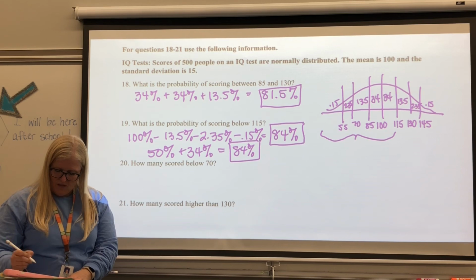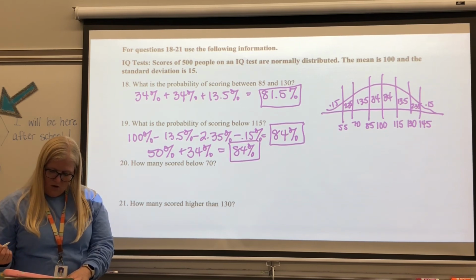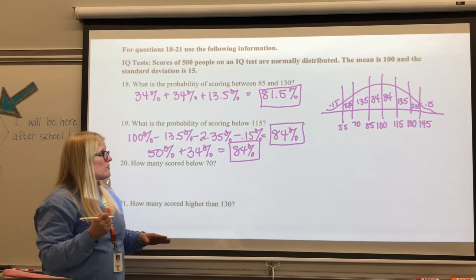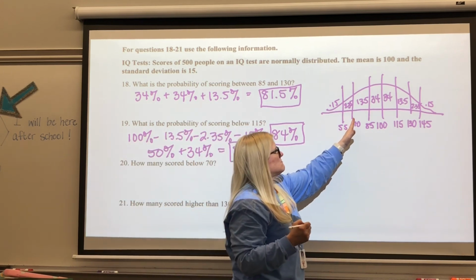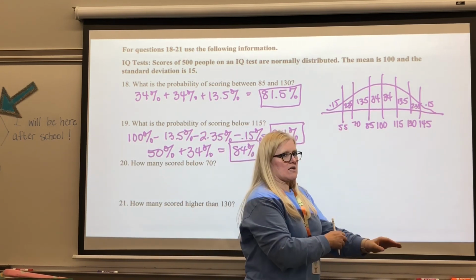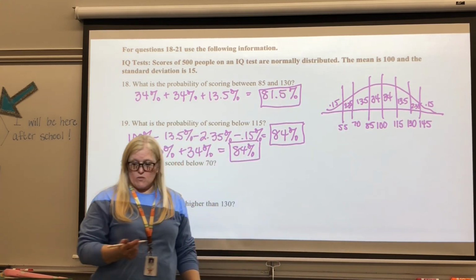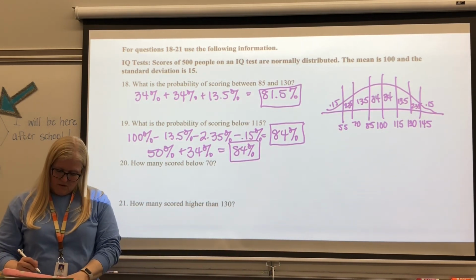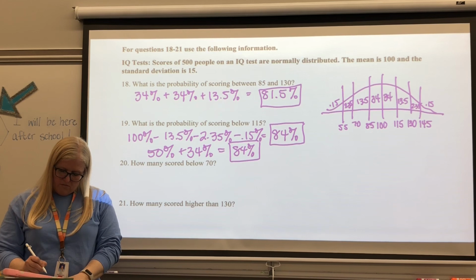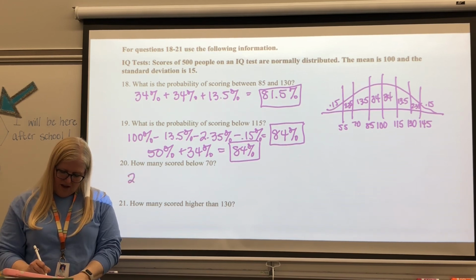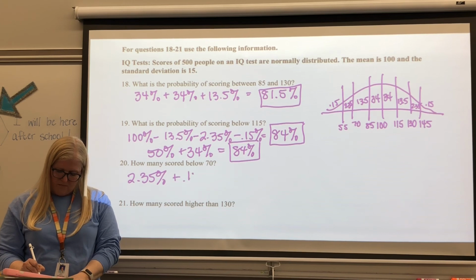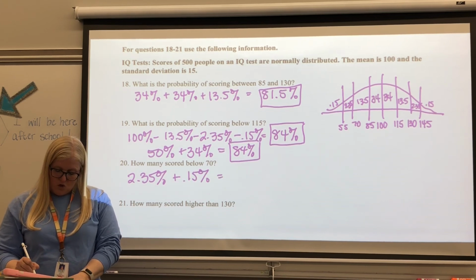Okay, then we have how many scored below 70? Okay, well now we're not talking about probability anymore, but we know that we've got 2.35% plus 0.15%. That's 2.5%.